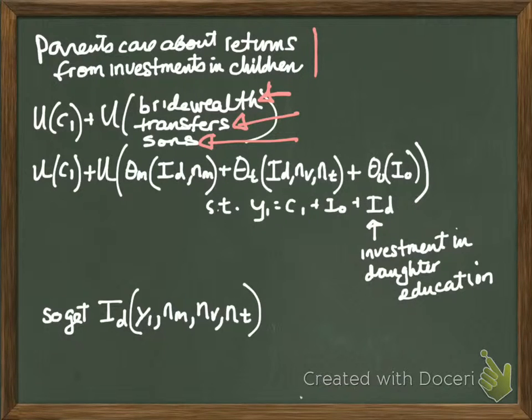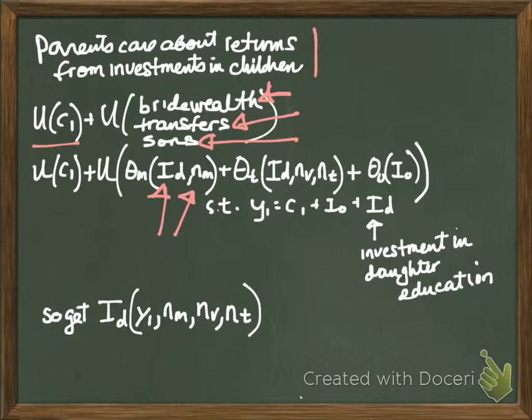So we imagine again the utility to the parents comes from their first period consumption, and then the utility that they'll get from the possible transfers that they'll get in the future. Those transfers, we might further break them down and represent them mathematically. Those transfers depend on norms about marriage and how much bride wealth is to be paid. So we have some kind of bride wealth function that depends on the investment that's made in the daughter.